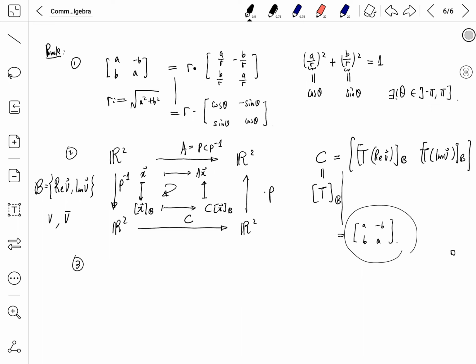But when you translate it back to the standard basis, because this real part and imaginary part are not an orthonormal basis, the circle gets distorted into an ellipse, not a circle.